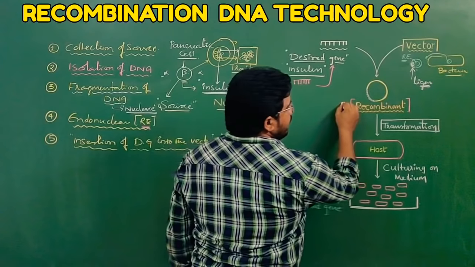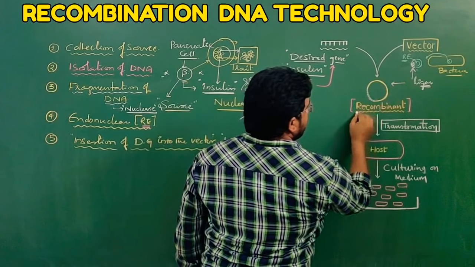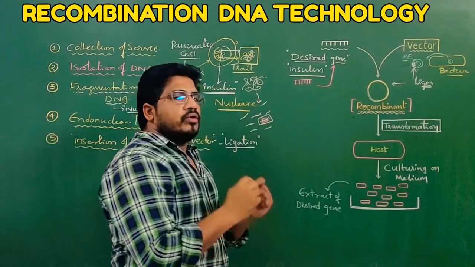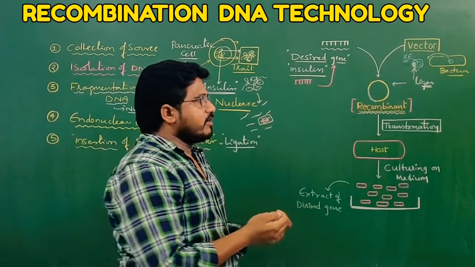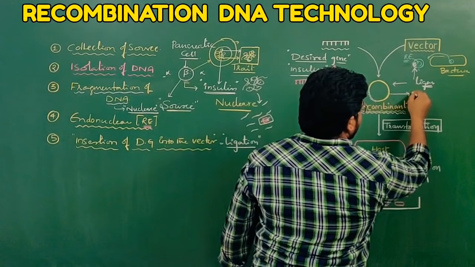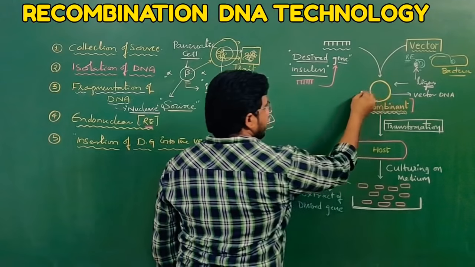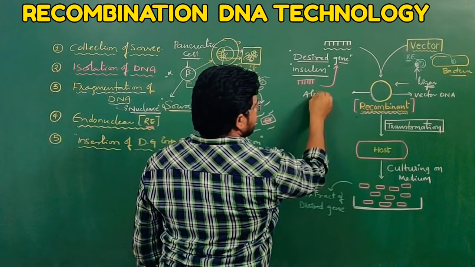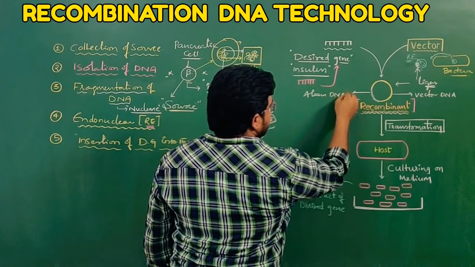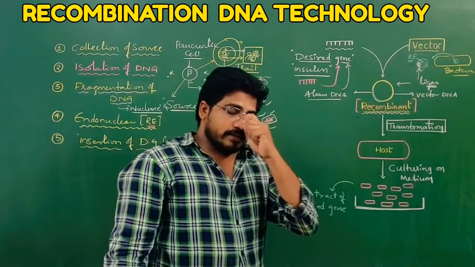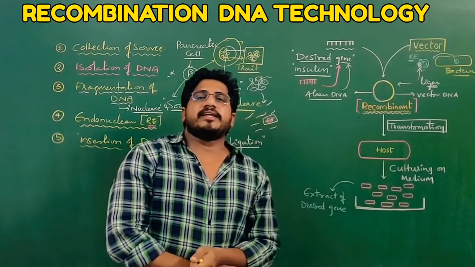Once ligation has happened, the result is called recombinant. A recombinant has two different organism sequences. One is the vector DNA sequence that is carrying alien DNA sequences. Alien DNA sequences are also called desired gene sequences. Sometimes they are called foreign DNA sequences.